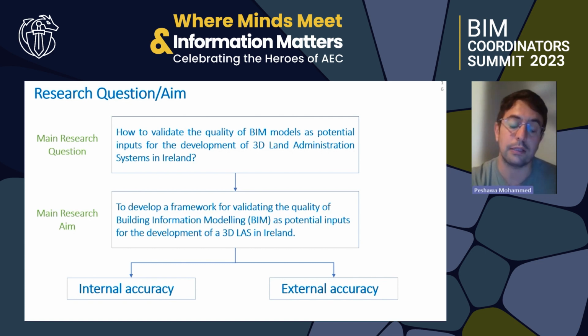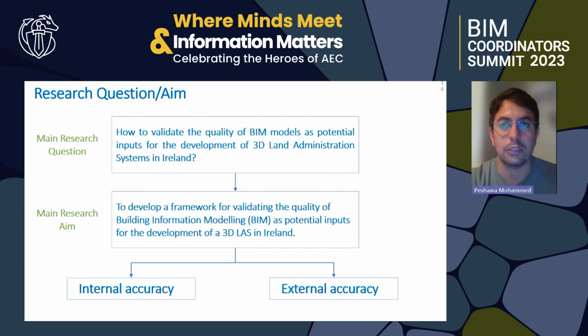This includes validating internal accuracy, in which we are validating if there is any clash between different objects in the model, or if there is any gap, and the main aim is to automatically detect those deficiencies and fix them.